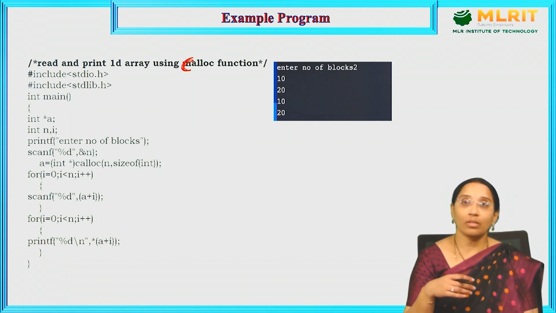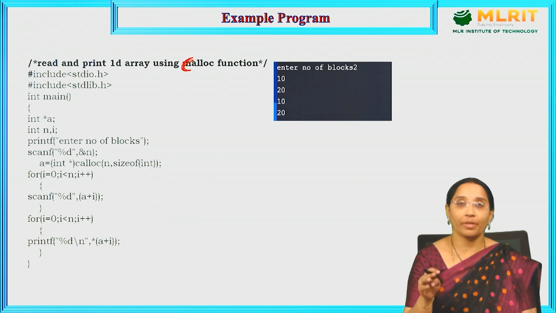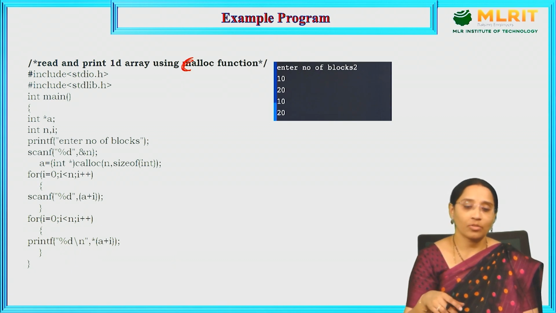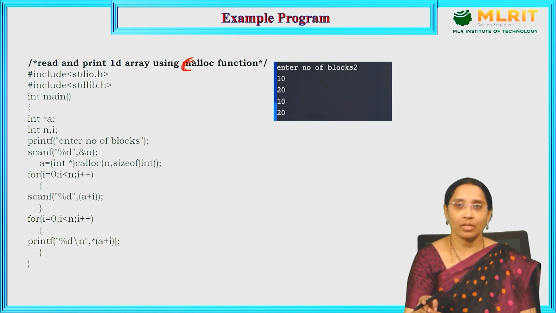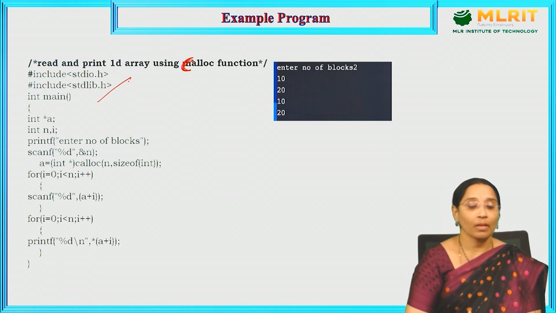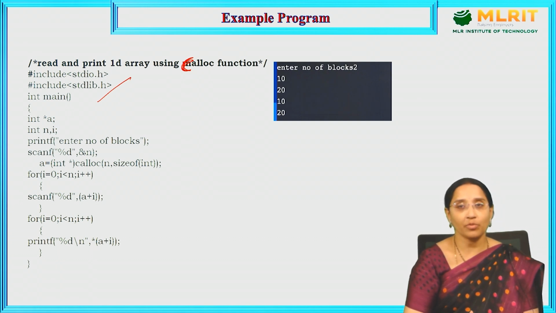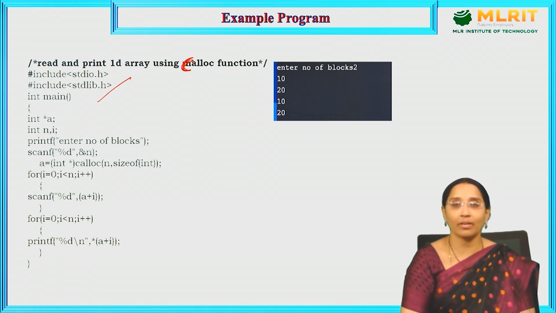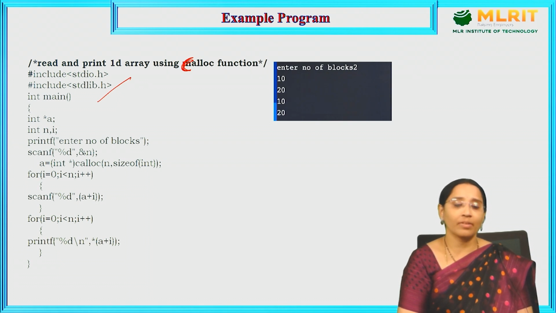All of these, malloc, calloc, realloc and free, are dynamic memory allocation functions. The functions of DMA are malloc, calloc, realloc and free. All these 4 functions exist in the stdlib.h header file, so we need to include that header file because we are using those functions. From the start we have been using printf and scanf, which exist in stdio.h, the standard input output header file.